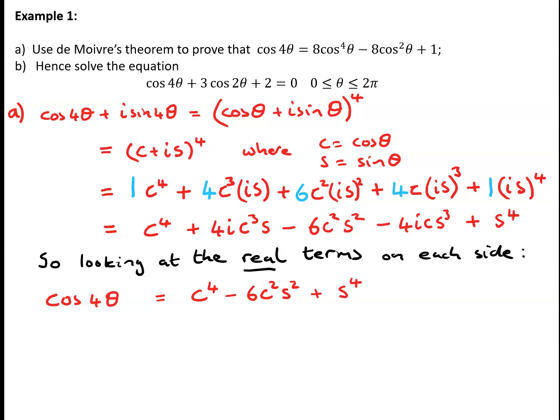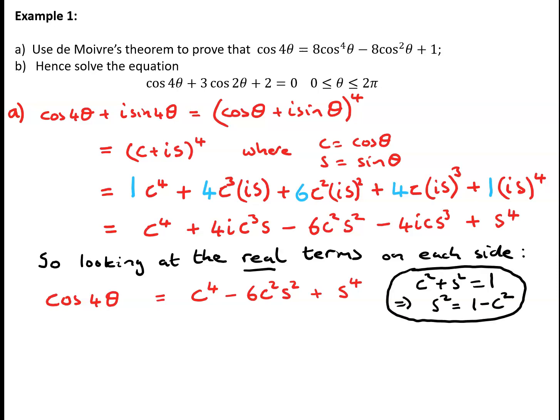Again, now we just need to remember that cos squared plus sine squared is always equal to 1, so sine squared can be replaced by 1 minus cos squared. So I've got cos 4 theta equals c to the 4 minus 6c squared times by s squared, which is 1 minus c squared, plus s to the 4.